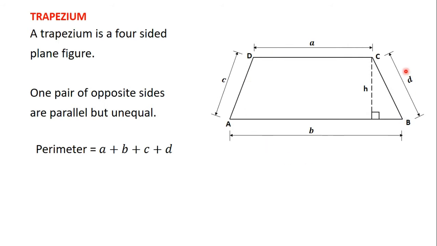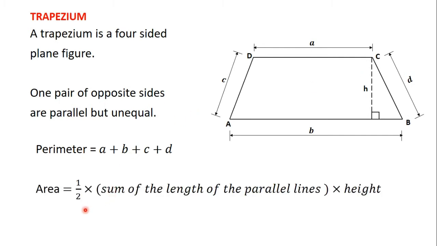How do we find the area of a trapezium? The formula for finding the area of a trapezium is half times the sum of the length of the parallel lines times height.